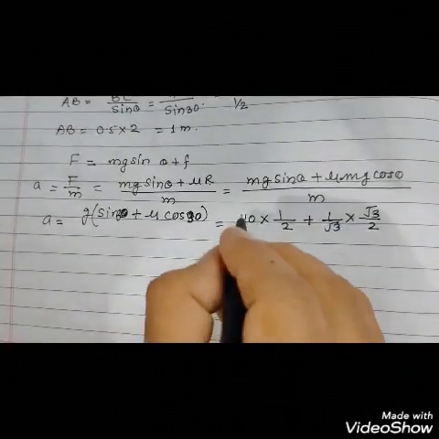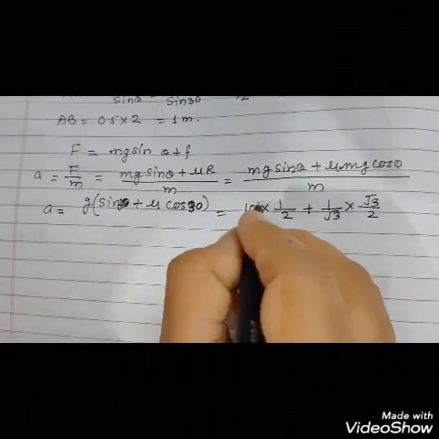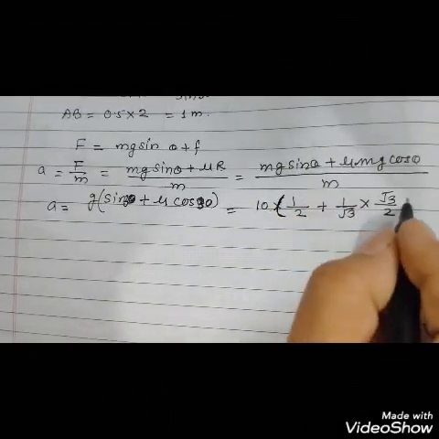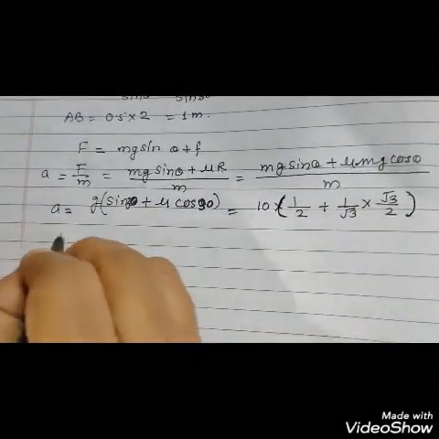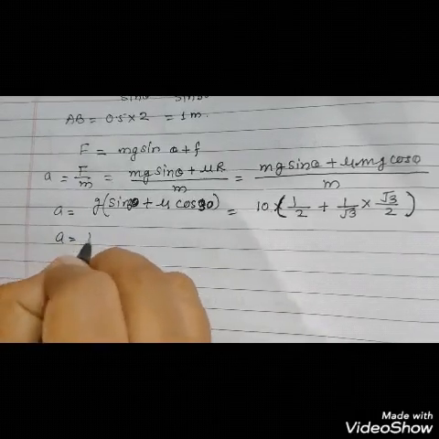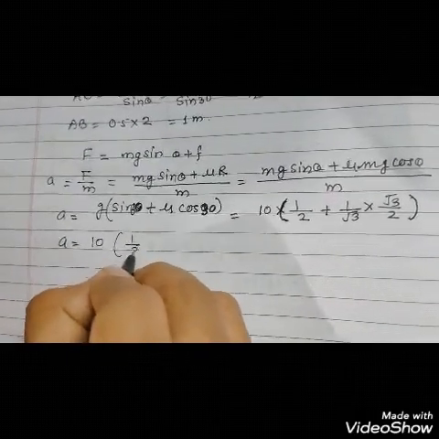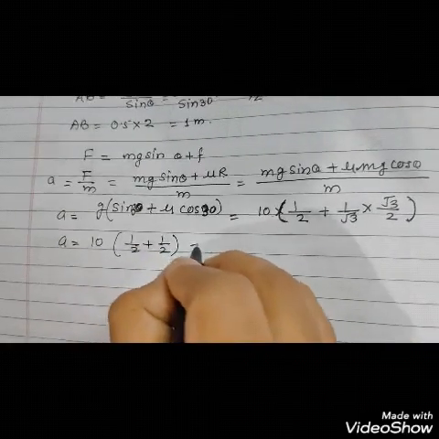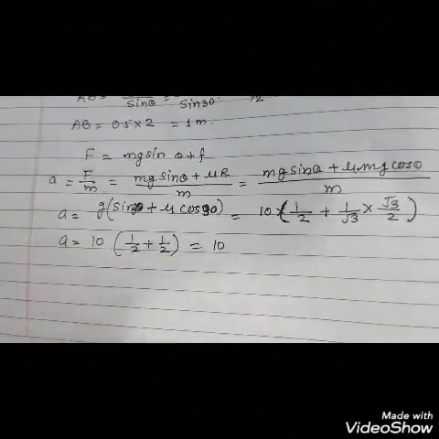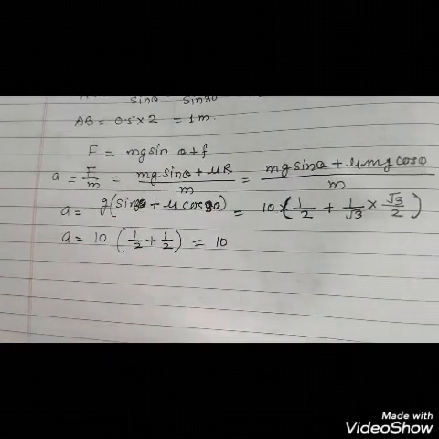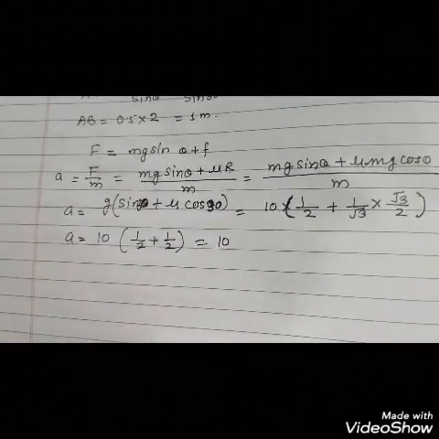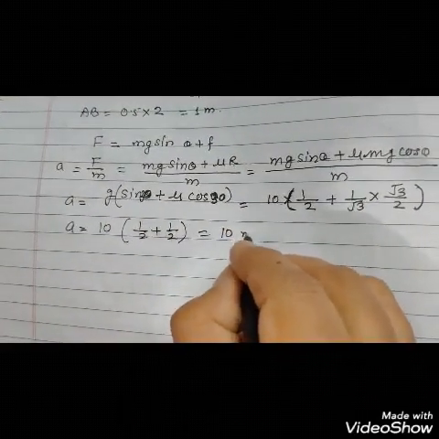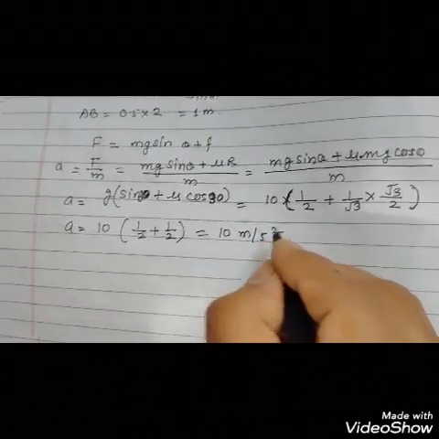So a is equal to 10 times 1 upon 2 plus 1 upon 2, where root 3 cancels. That is 1 upon 2 plus 1 upon 2, which is 1, and 1 multiplied by 10 is 10. So the acceleration produced on the block is 10 meter per second square.